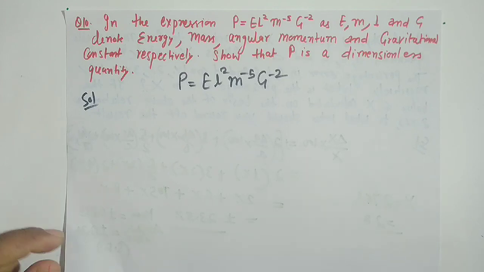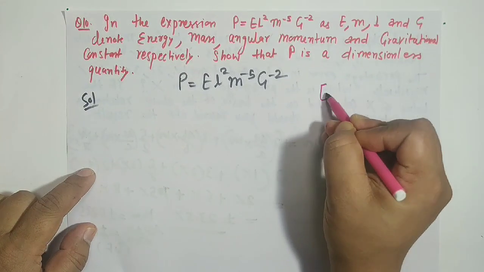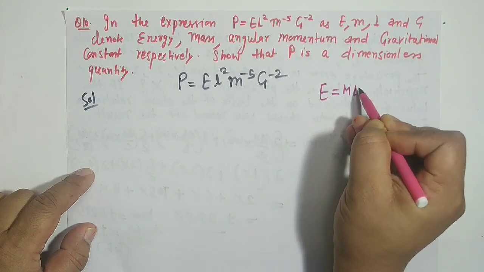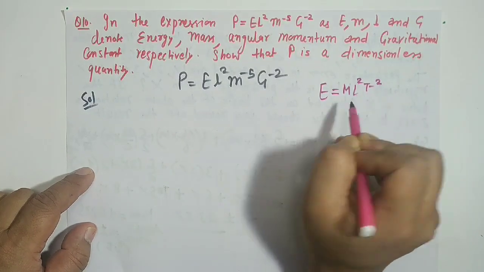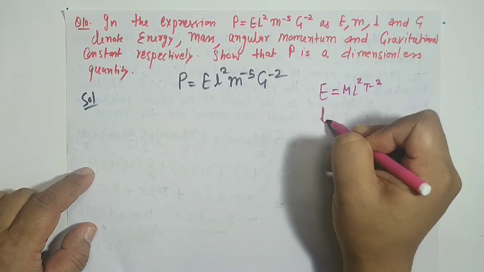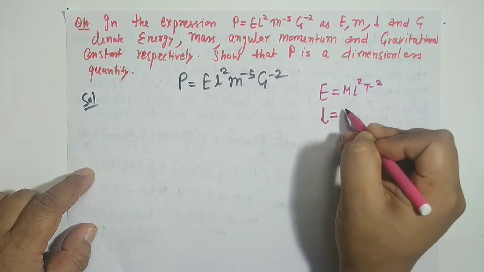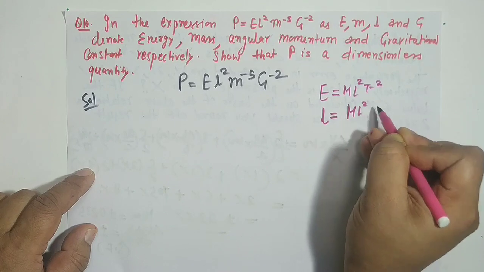If I ask you the dimension of energy, I think all of you know it is M L squared T to the minus 2. Then angular momentum is M L squared T to the minus 1.